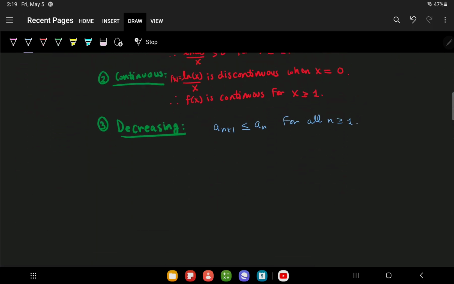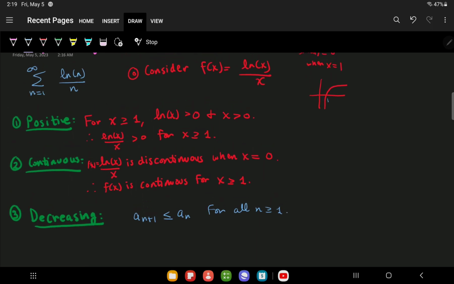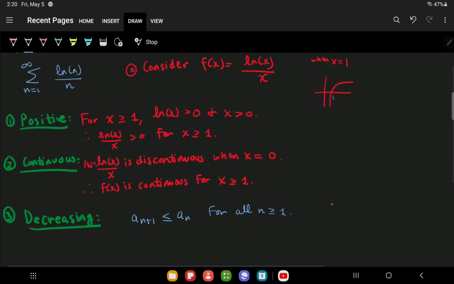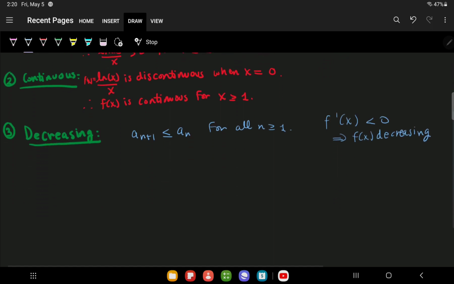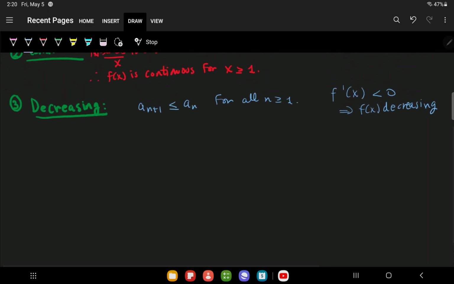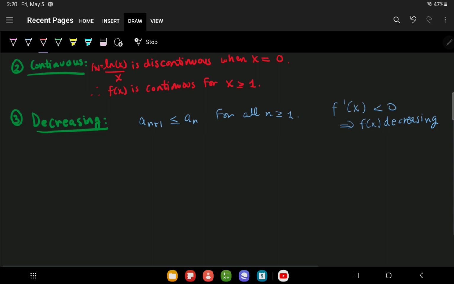But here another thing we could do is use facts from our derivative: if f prime is less than 0, then f of x is decreasing. So we can use this fact, and let's take a derivative of ln of x over x.